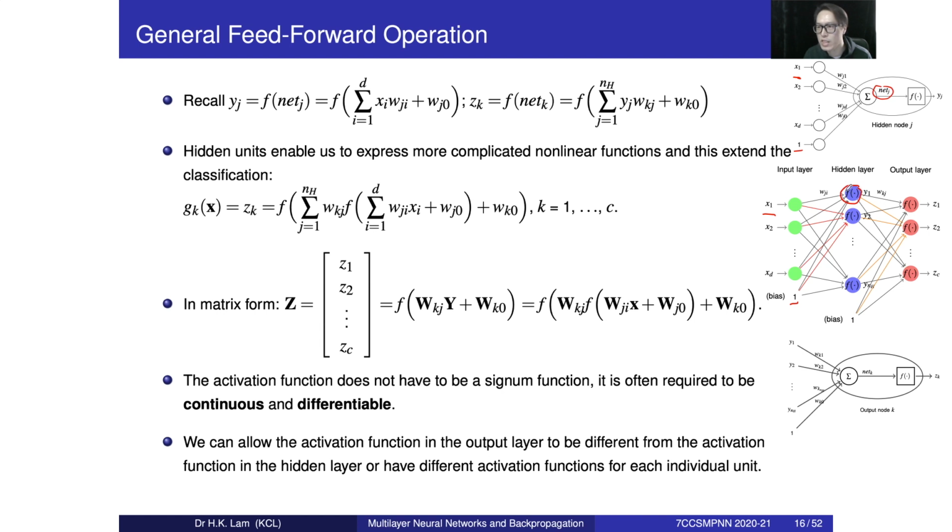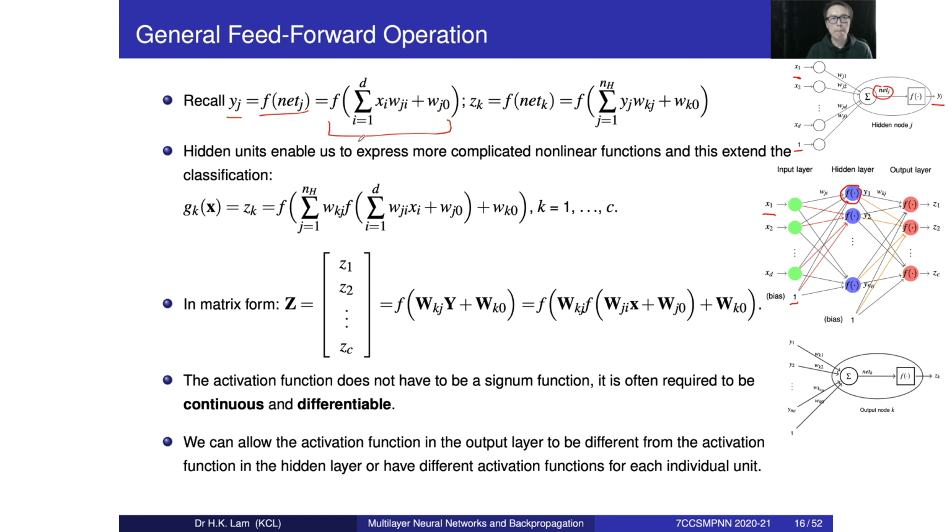When we zoom into this node, we see two elements, the summation and the activation function, and then we can compute Yj. So Yj is F of this net, and Yj is given by this equation.